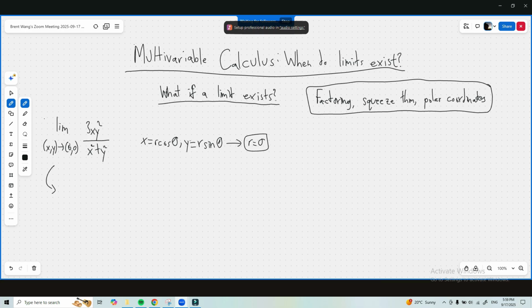So what we have here is lim r goes to 0. Probably, you can say plus, because r can never be negative, but this plus sign really doesn't matter. And then you just plug in x and y.